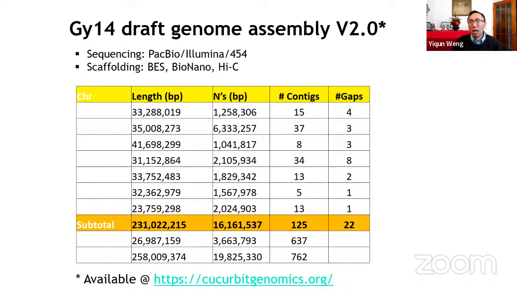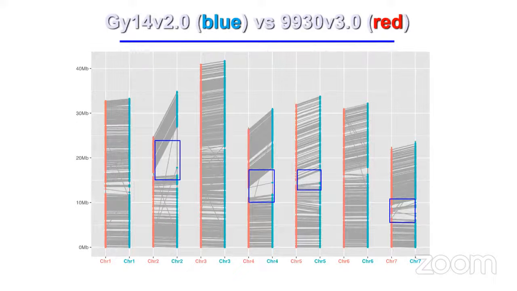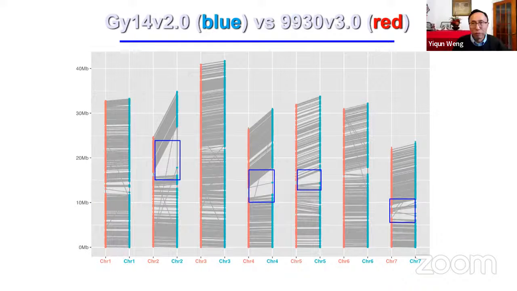We have a version 2.0, which has been much improved compared with the first version. This draft genome assembly is publicly available at the cucurbitgenomics.org website. Everybody can access and use it. So compared with another one called 9930, we have increased almost 50 Mb of the genome assembly for GY14.